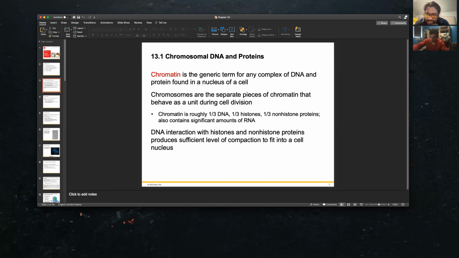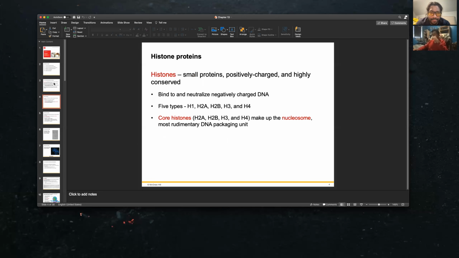We're probably going to talk about epigenetics in this chapter: as chromatin gets less condensed, it's open for DNA polymerase to come in and transcribe it, and as it gets more condensed, it doesn't get expressed. But we can move on to the next slide.